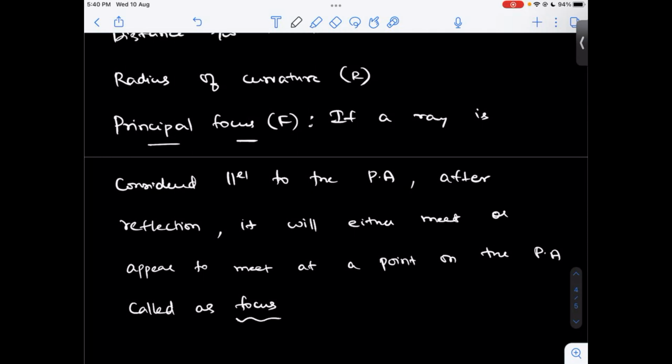So the name of the point is called focus, and it is represented with the symbol capital F.